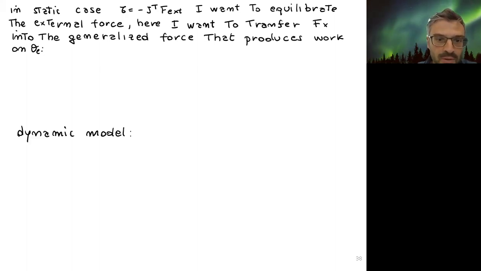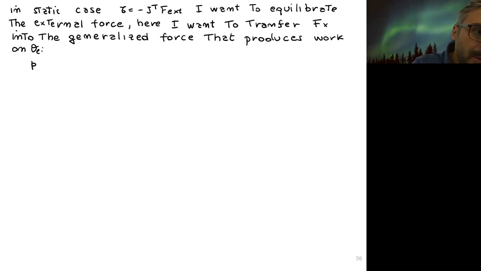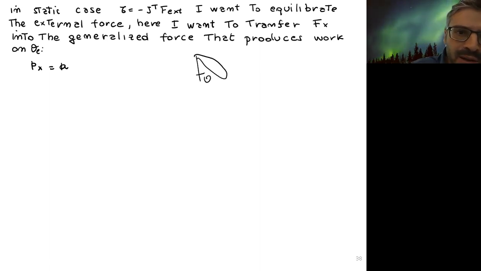And so we write the position of the link tip, let's call it X. It was something like this, right? It was like theta, this is a length of L. And we are interested in the horizontal component.